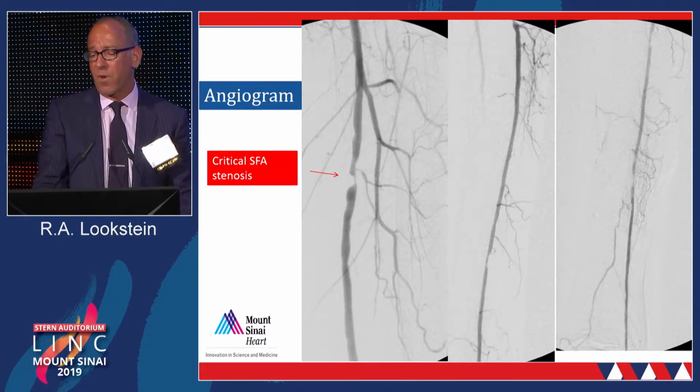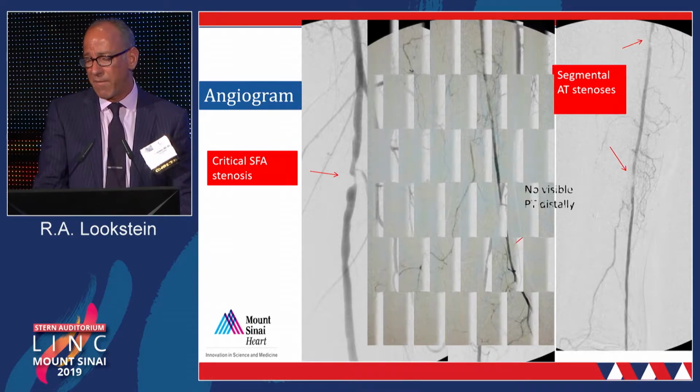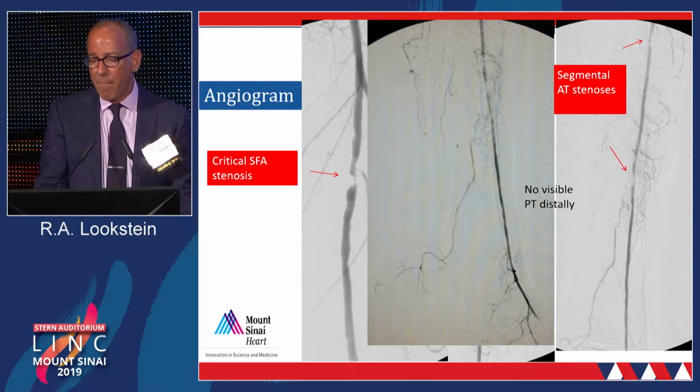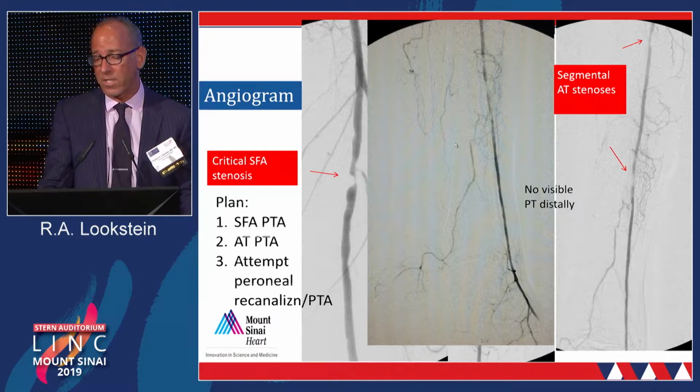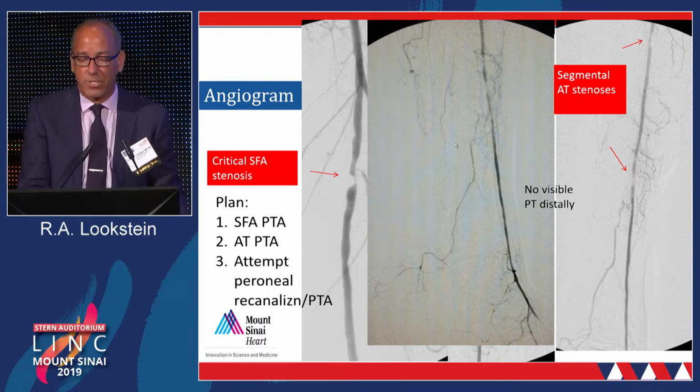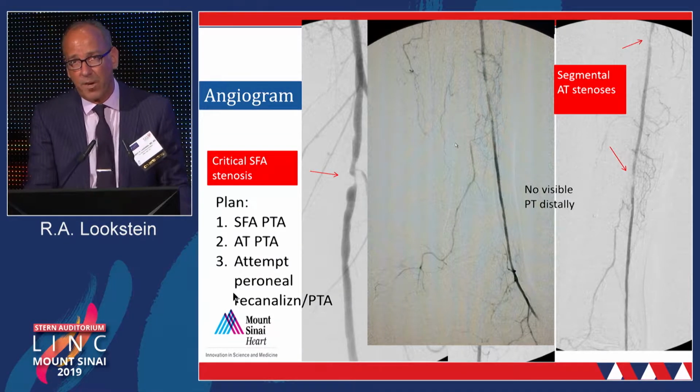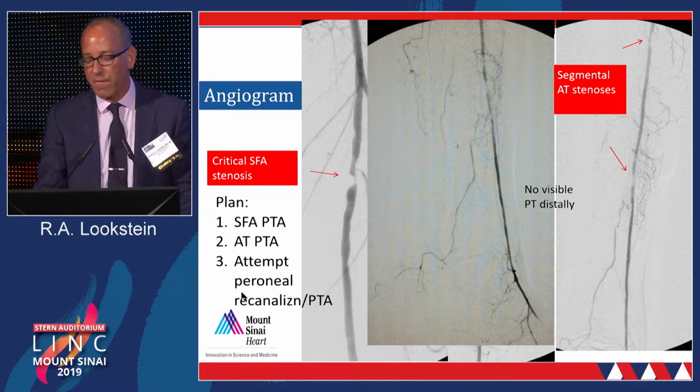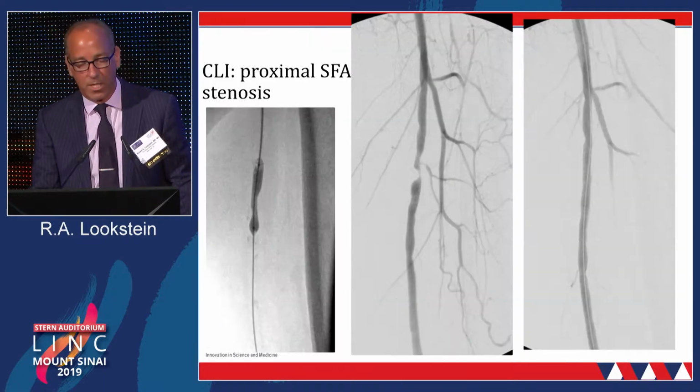There's single vessel runoff to the anterior tibial artery, which has a couple of focal stenoses, but there's really nothing going to the hind foot. So the question is, do you go after the anterior tibial artery, or do you go after something else? Is there even an option to open up the posterior tibial artery and give direct circulation to the heel, or is that fruitless? And should you try a different approach?